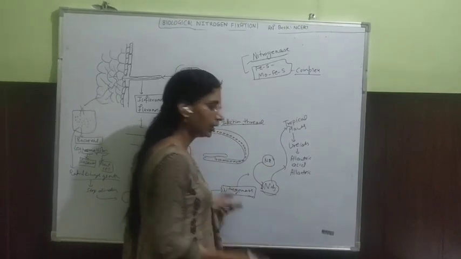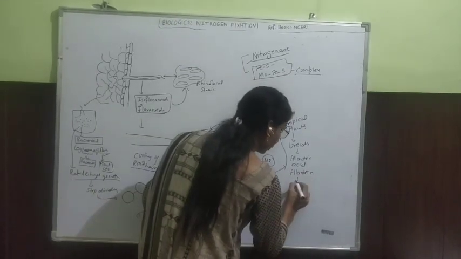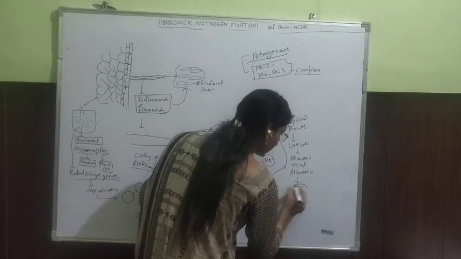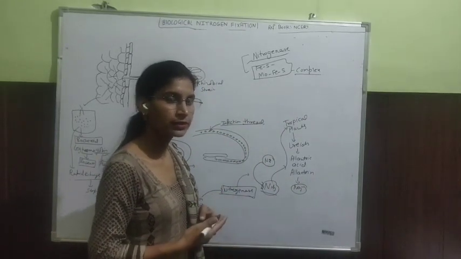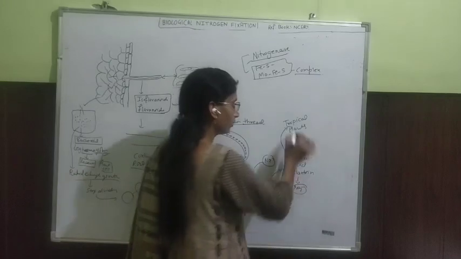When required by the plant, they will produce nitrate, again making components of amino acids and nucleic acids in the tropical plant.